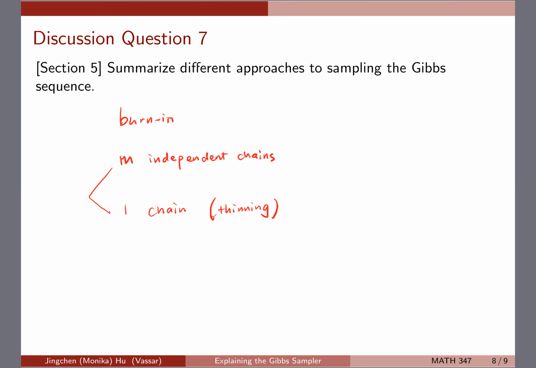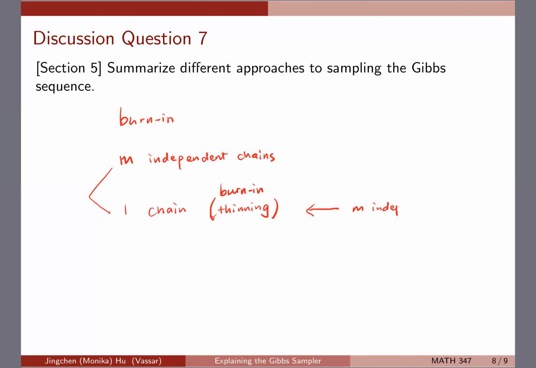Make sense? So I guess the biggest two are running M independent chains or running one long chain and then doing the thinning. When they do the thinning, and Vernon in this case as well, they're trying to make sure that even if you're doing this long chain process, you will get M independent draws.